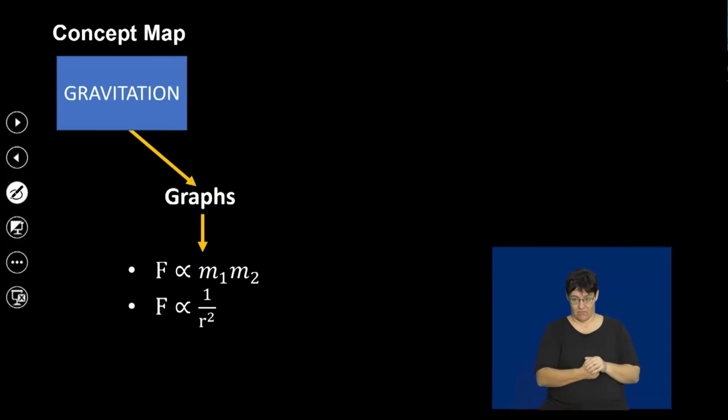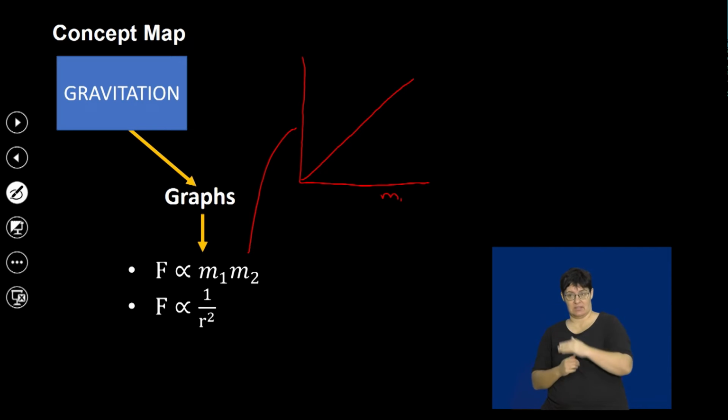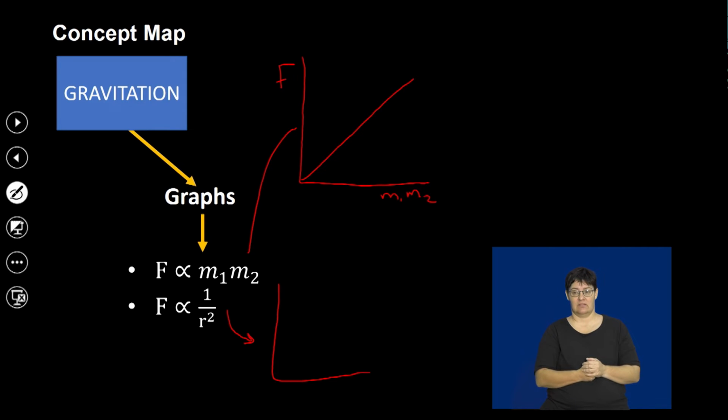So when we look at the graphs, we have two. We're going to have the graph where F is directly proportional to m, and that means we're going to get a straight line where this is m1, m2, and that's F. When we look at the inverse proportion, what happens here is we're going to end up having to get a graph where we've got 1 over r, and it does that.